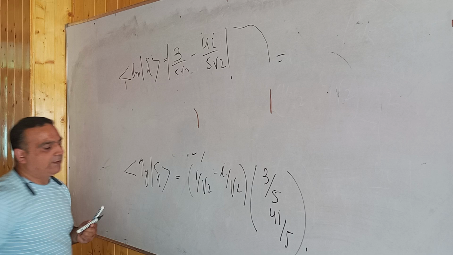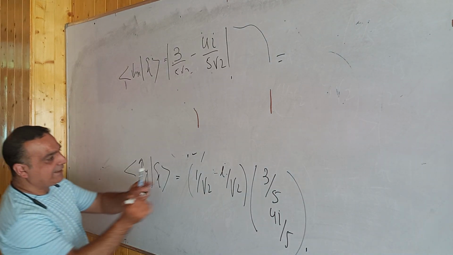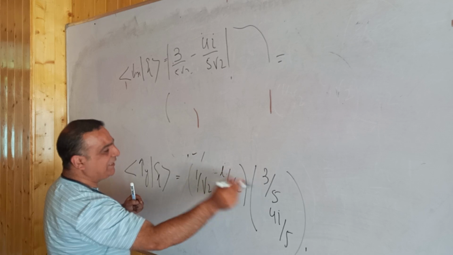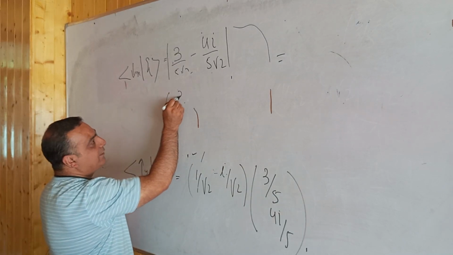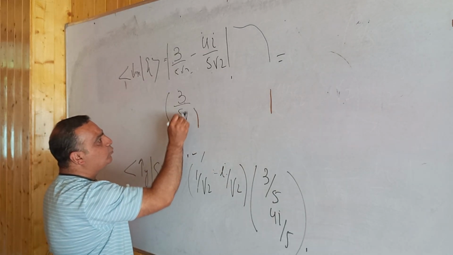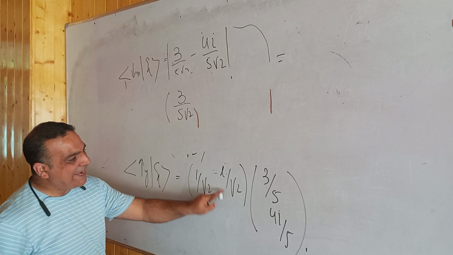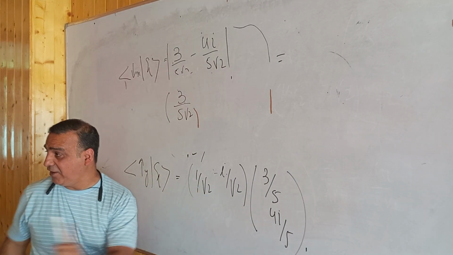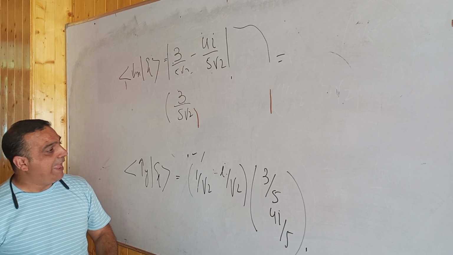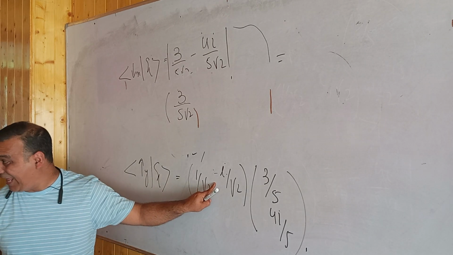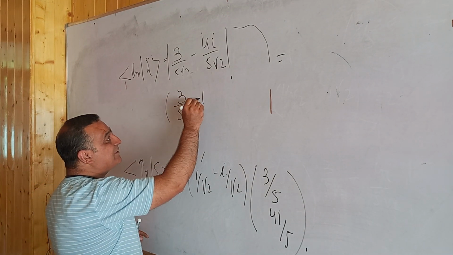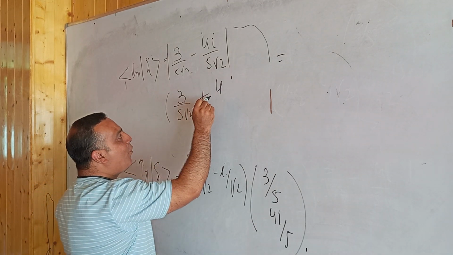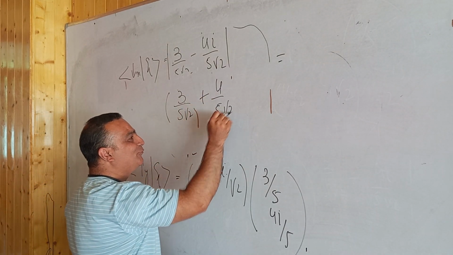Here you will have 1 by root 2 times 3 by 5, that is 3 by 5 root 2. The next term will be what? 4 iota square will give us minus 1, and minus will become plus. So this will become plus 4 divided by 5 root 2.